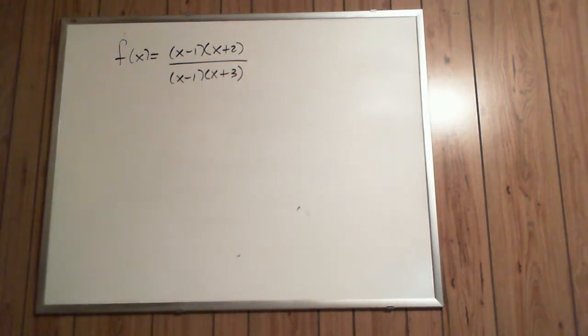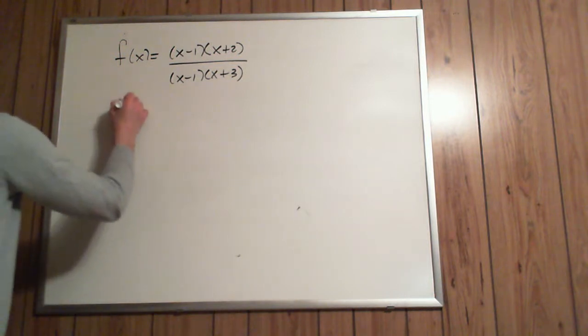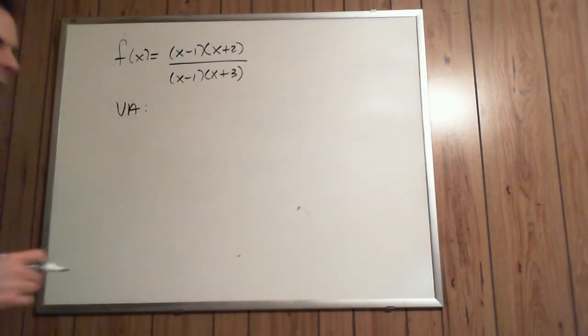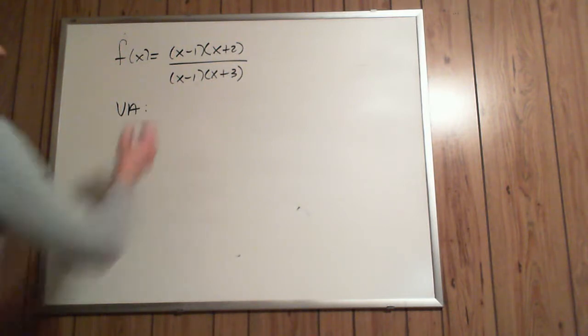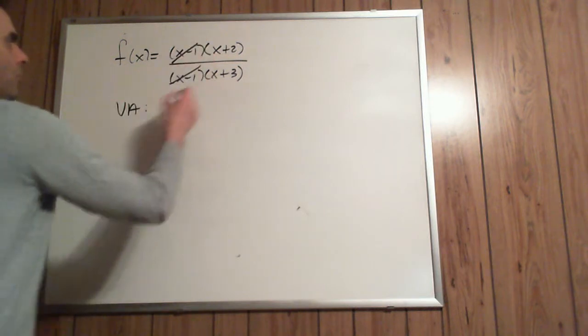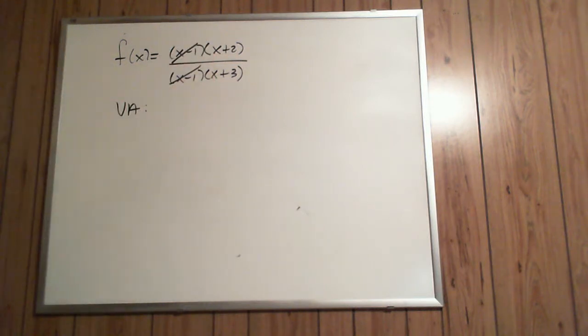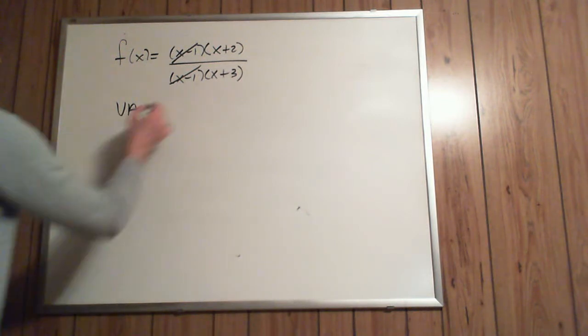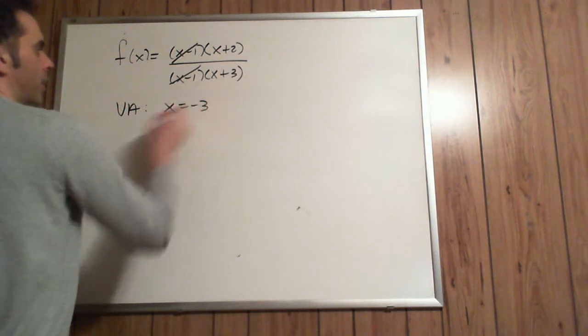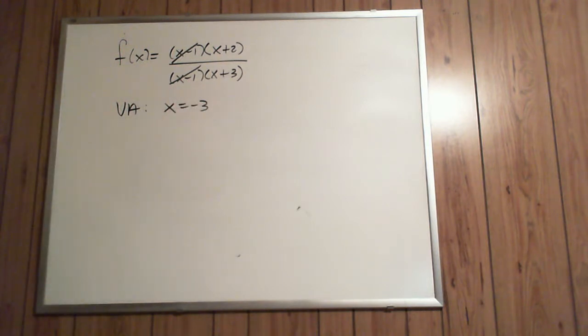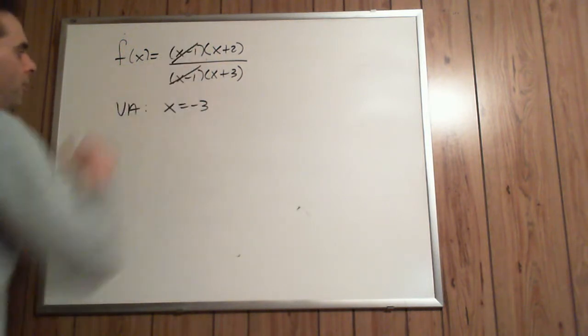Vertical asymptotes occur where the denominator equals 0 after you have simplified. Well, this function simplifies and reduces to (x plus 2) over (x plus 3). So therefore, there's not a vertical asymptote at x equals 1. There's only a vertical asymptote at x equals negative 3, because this simplifies and drops out.